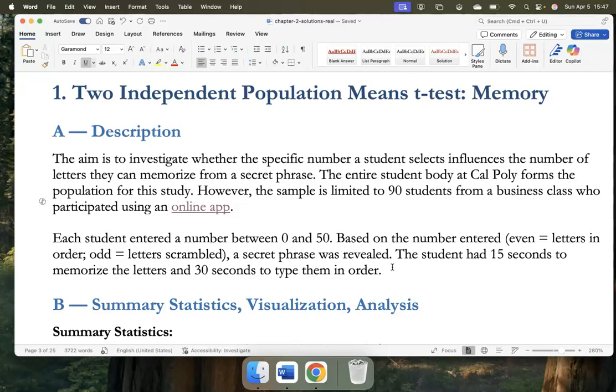That would be an example of random sampling. Or if I were to go in front of the library and randomly ask students there to participate, that would be a convenience sample. Whereas what I did here, I randomly assigned students to either get a password in order or a password that was scrambled, based on the number that they selected.